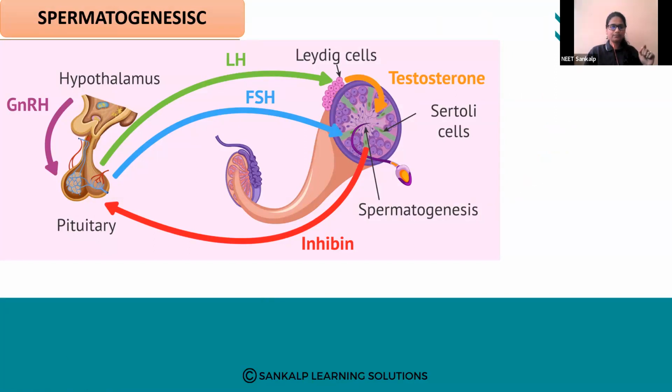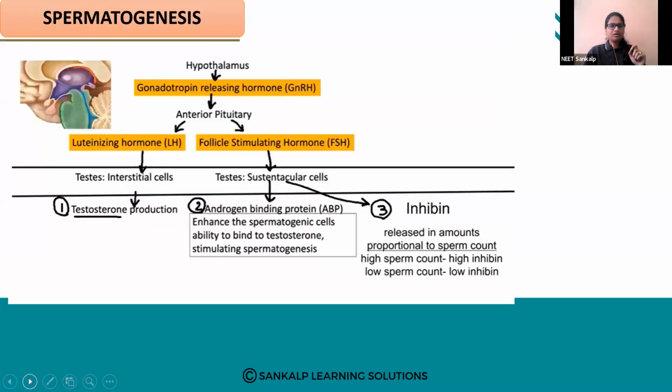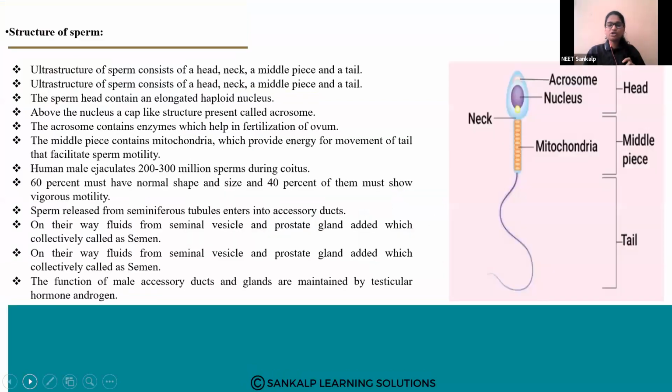Next, we will go to the structure of a sperm. As you can see in this image, we have parts like acrosome, nucleus, neck, mitochondrial region, and these three main parts: head, middle piece, and tail.